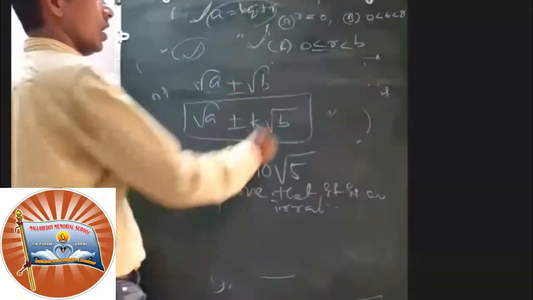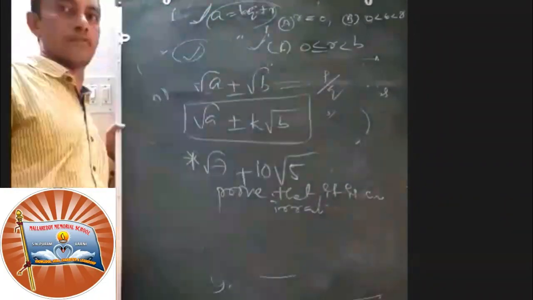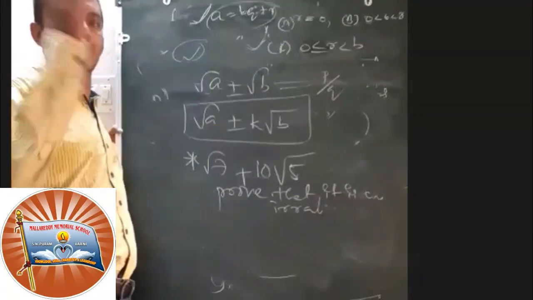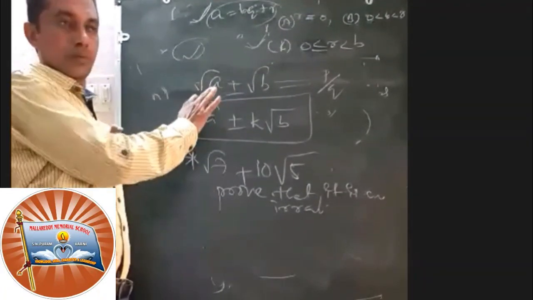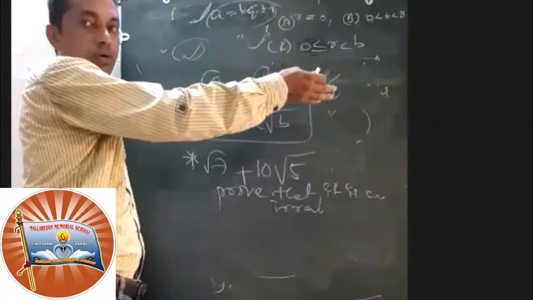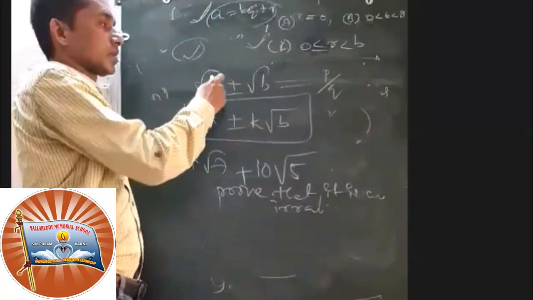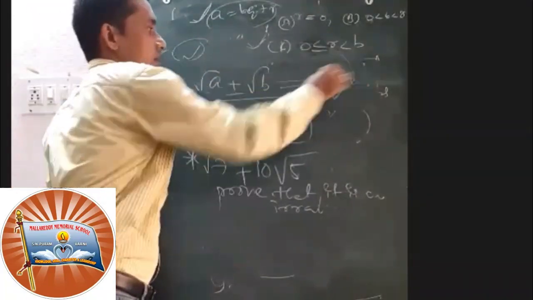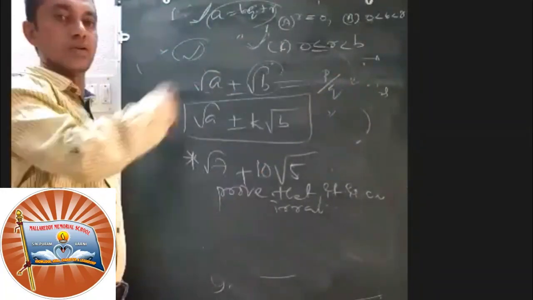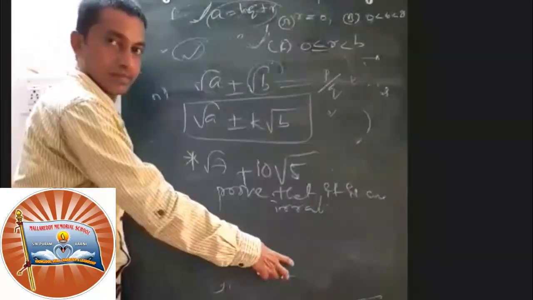For this, what you have to do? Let it be a contradiction assumption, p by q. You can do squaring on both sides without shifting, or as per your textbook, shift one term and square on both sides. Again, you will get one irrational number and one rational number.